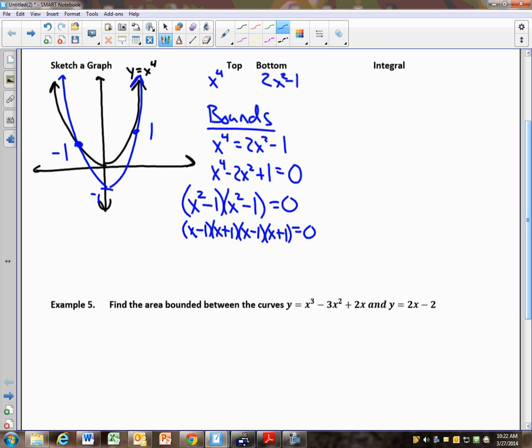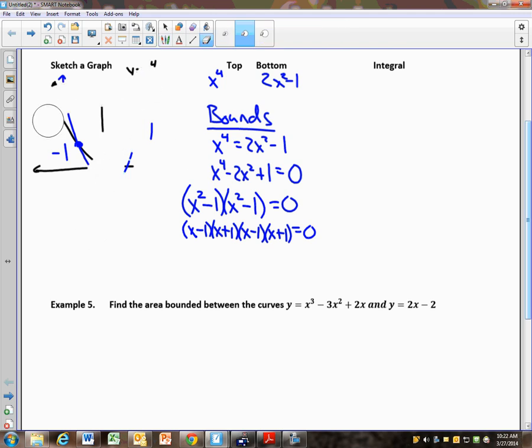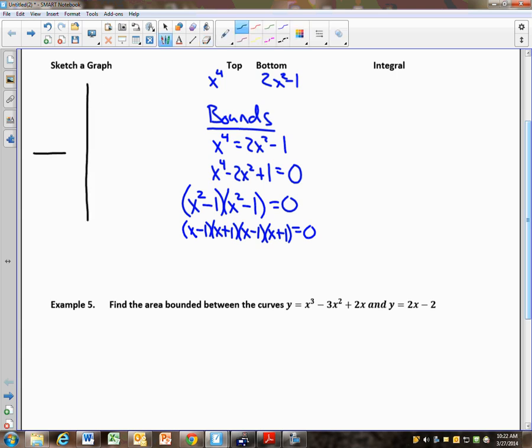So, we've got that. Now, there's some interesting pieces to this. So we have our integral, but I want to show you a shortcut. Very important shortcut. As you think about these graphs right here, since we do know that they intersect, I'll try to draw them just a little bit better.